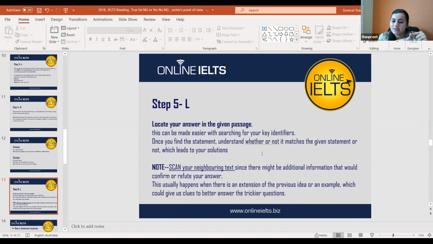the sentence finishes and the next one starts with however or although, or any of the contrasting words. It can be conditional if, however, although, but, so.